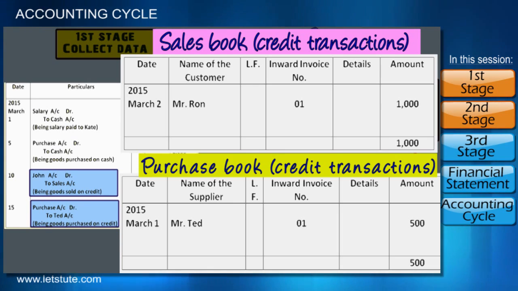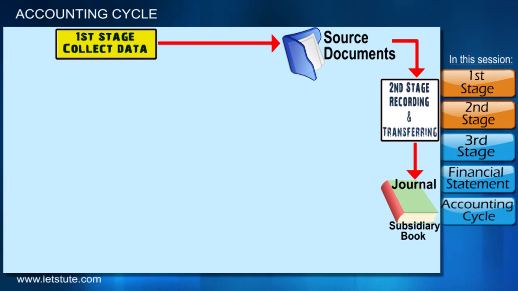In these subsidiary books, the transactions belonging to one particular class are recorded separately in detail. So here we end with our first step of recording and transferring.